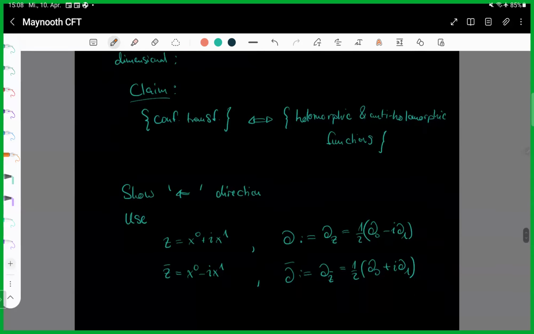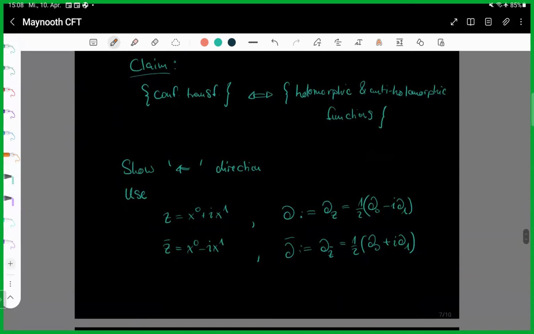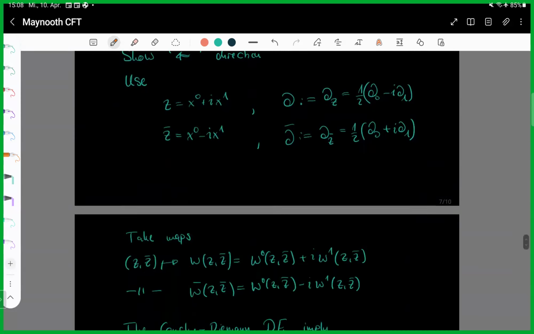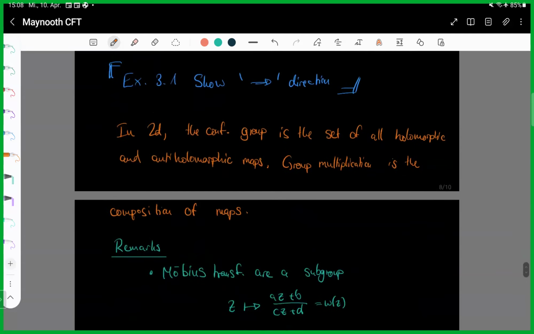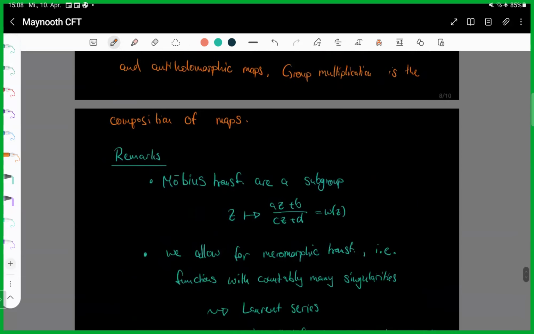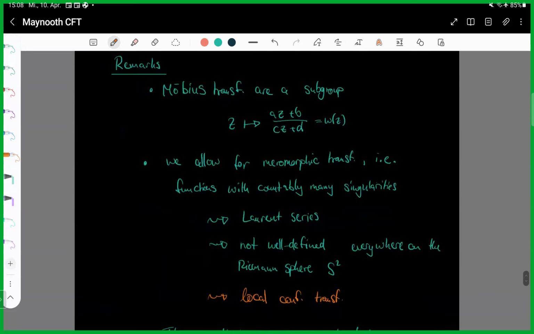I showed you one direction, in the sense that I showed you how holomorphic functions are conformal transformations. So they do rescale the metric. And there's an exercise where you show the other direction. Let me know if you have questions for that.